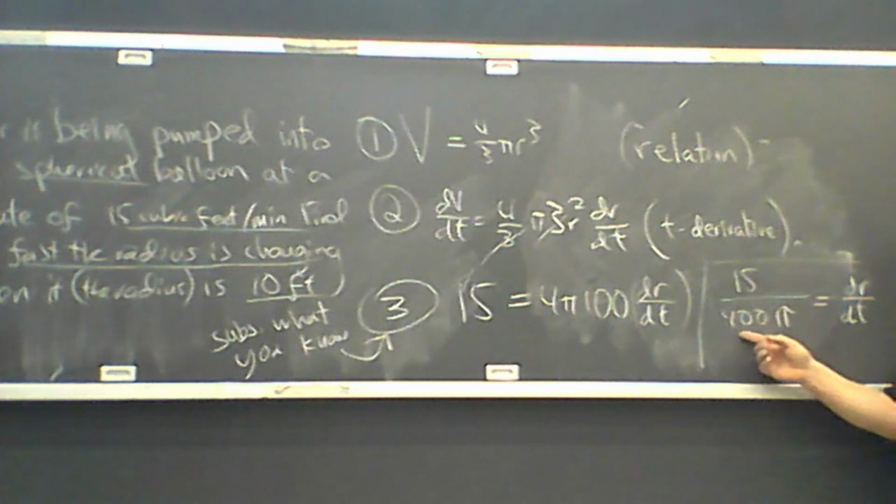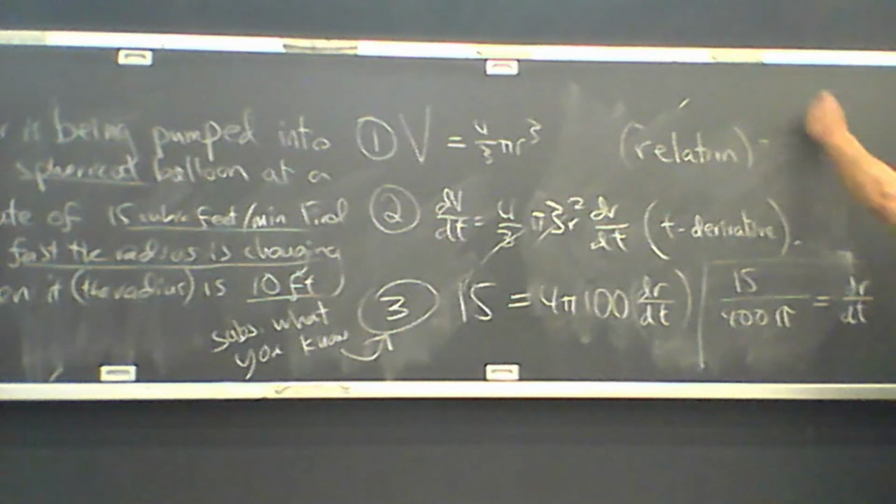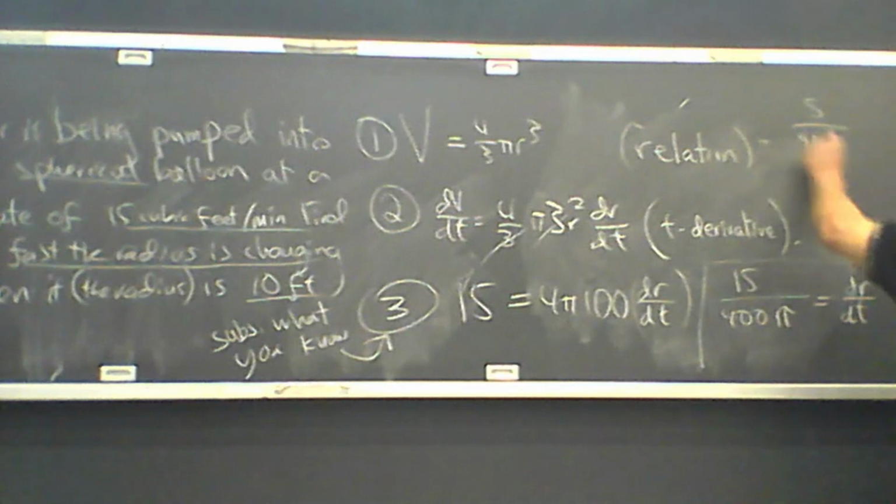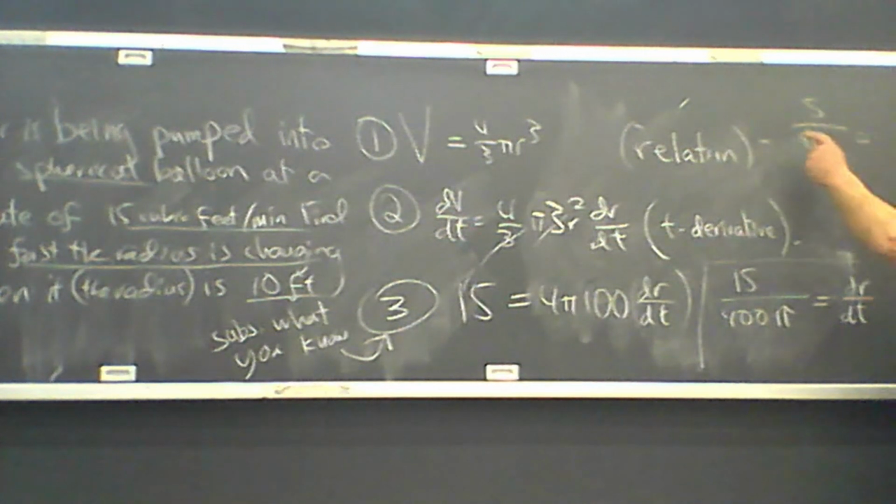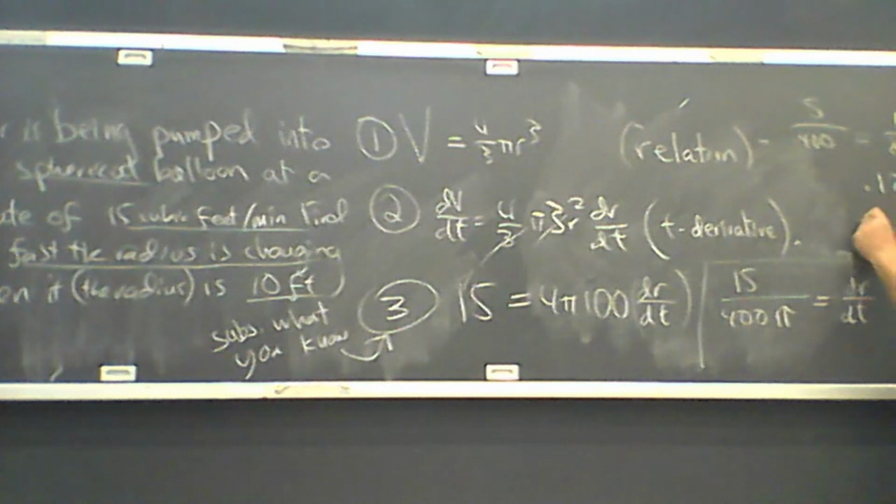Well, 5 goes into 400, right? 5 over 400. So what is 5 over 400? 5 goes into 100 20 times, so 1/80th, right? 1/8 is 0.125, so 1/80th is 0.0125, approximately, right?